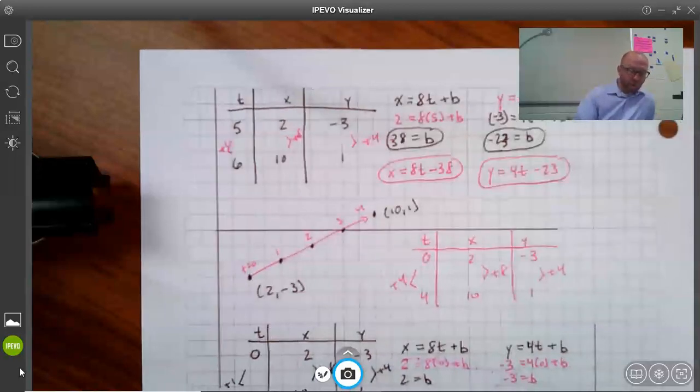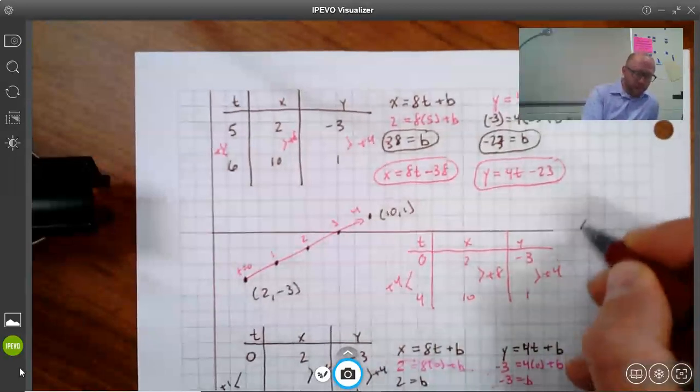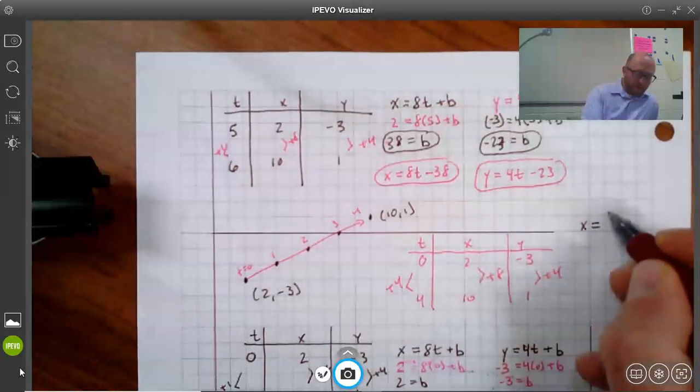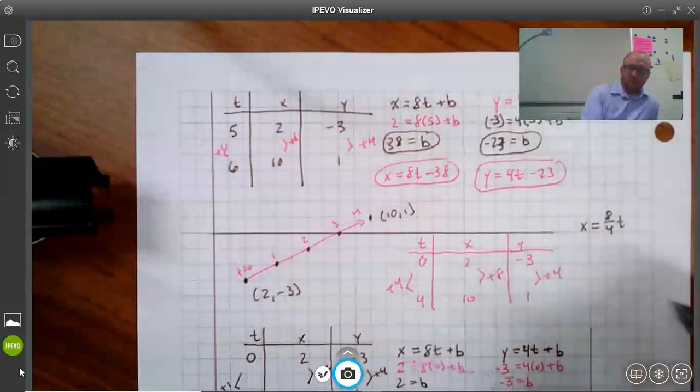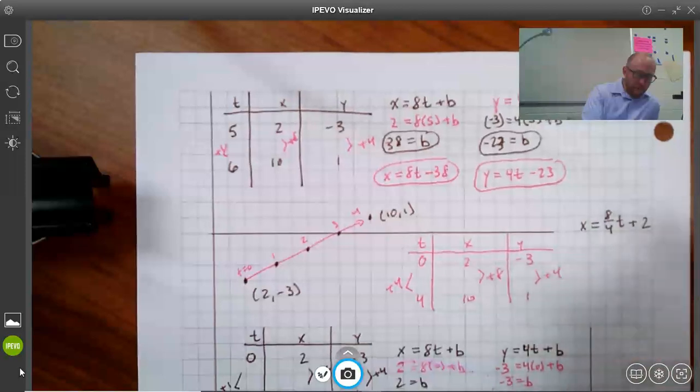So our new equations would be x equals 8 over 4, which I could simplify, but I'm just going to leave it as is for now, 8 over 4t plus 2.